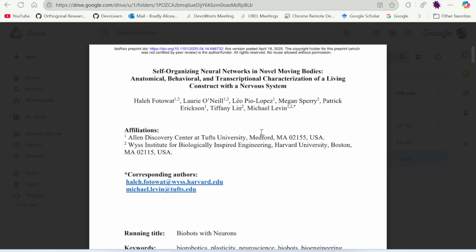Or I guess they're not real organisms, but they're biological in the sense that they're cells, but they're also constructs, I would say, is probably the best way to put it. So this is self-organizing neural networks in novel moving bodies: anatomical, behavioral, and transcriptional characteristics of a living construct with a nervous system.